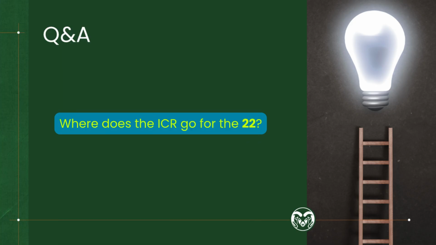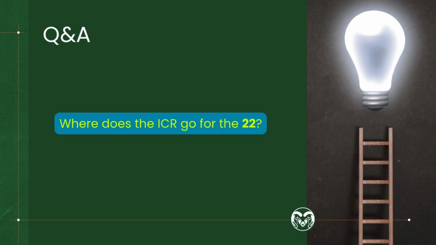Oh, there we go. We have another question. Where does the ICR go for the 22? How do you know how that's distributed? I do not. That's a business and finance kind of thing since they run the 22 accounts. Not sure if there's some kind of share that happens there. Does anybody at the college level know?